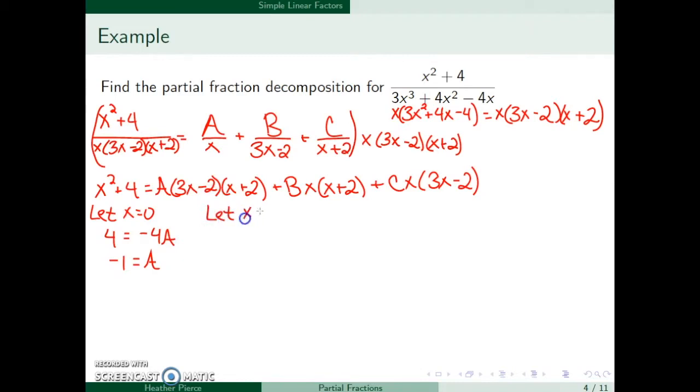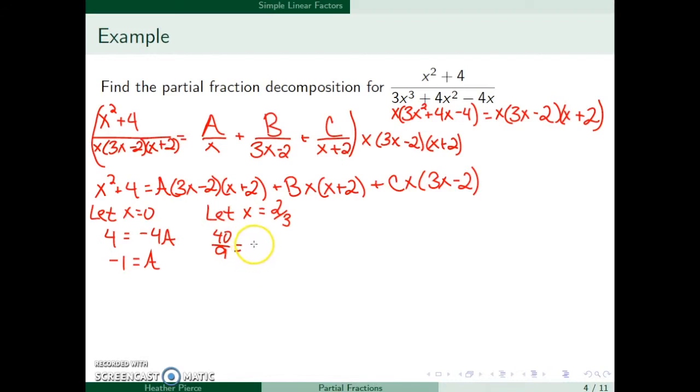If I let x be equal to 2/3, on the left I would have 2/3 squared, which is 4 over 9, plus 4, which will be 40 over 9. You'll notice the a term will cancel, as well as the c term, so we're only left with the b term.